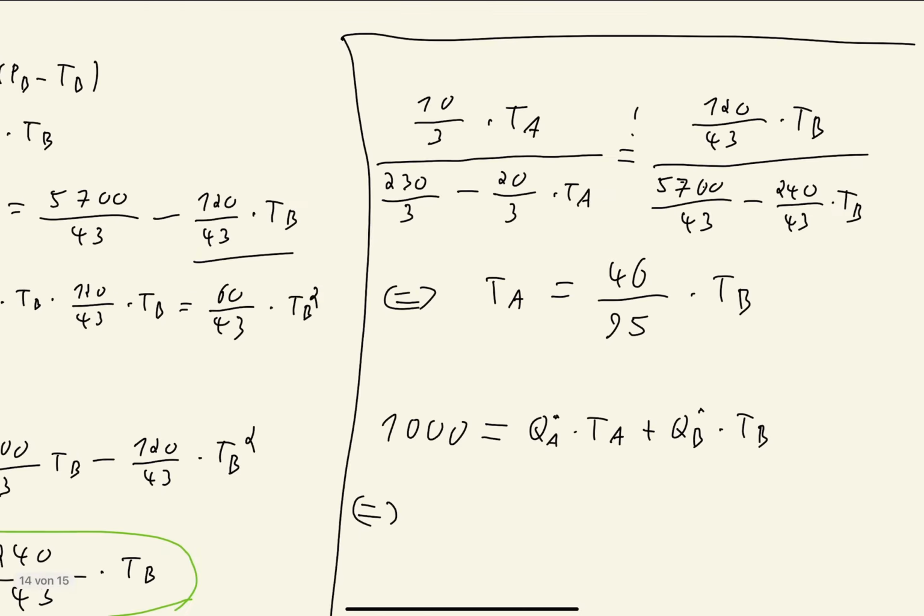So I will now plug in simply for QA star and QB star. So then what we have is 1000 should be equal to 230 divided by 3 minus 10 divided by 3 times TA times TA.